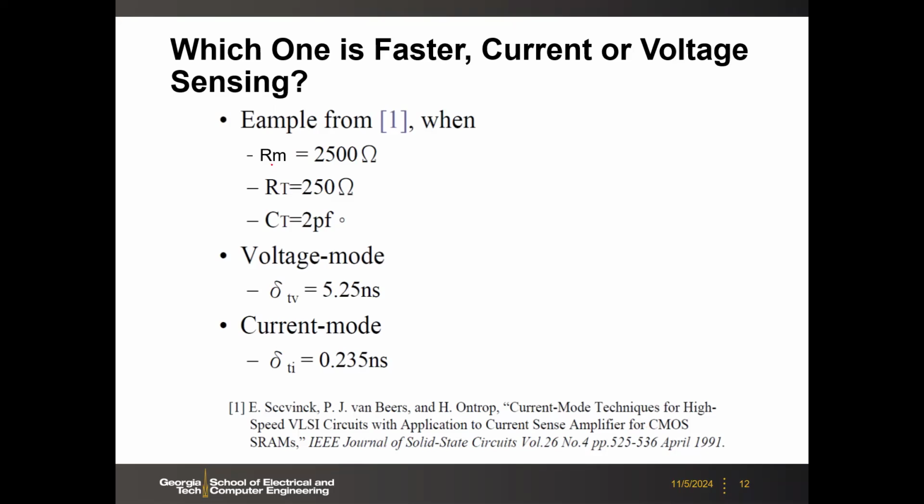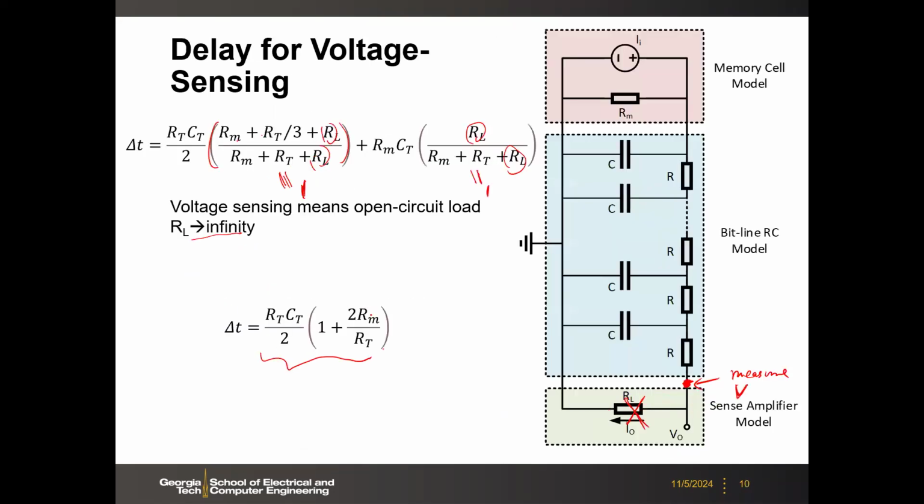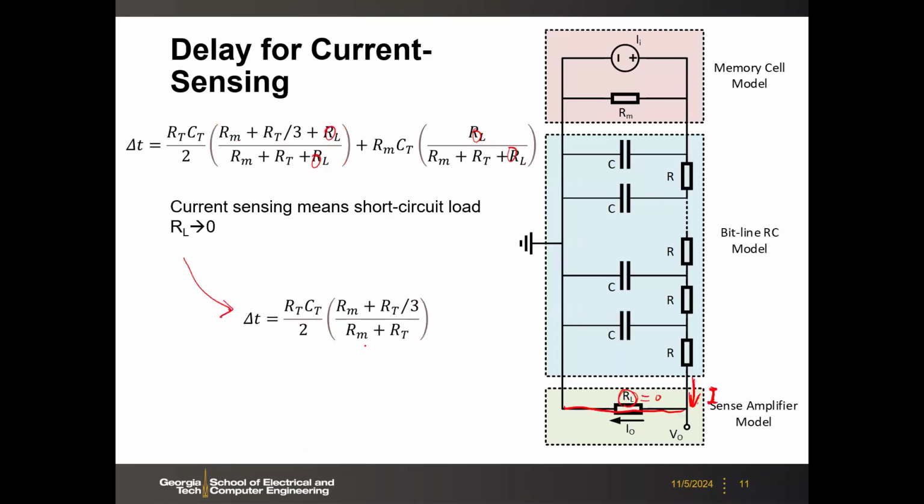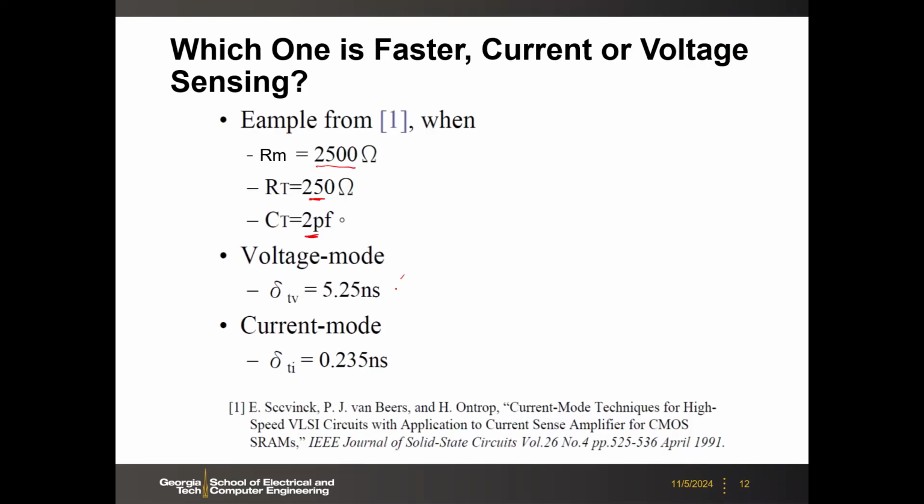For example, the memory cell resistance is 2,500 ohm, total wire resistance is like 250 ohm, and total wire cap is 2 picofarad. In those two equations you only need those 3 numbers. You just plug in, and then you get those values.